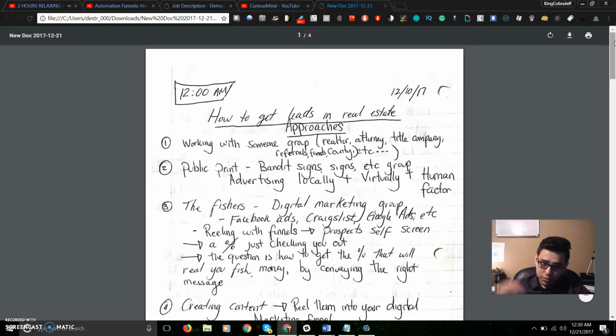In addition to print, you could advertise locally by having signs on street corners. You can have a human. You know how those people dance with those spinning signs on a street corner. You could pay somebody to do that for you in order to bring traffic into your website. So that's just one way of doing it.